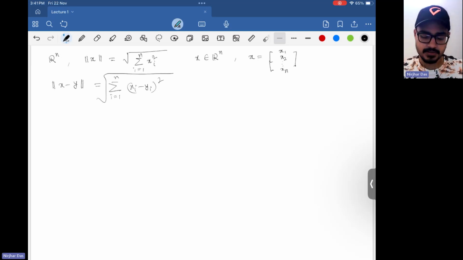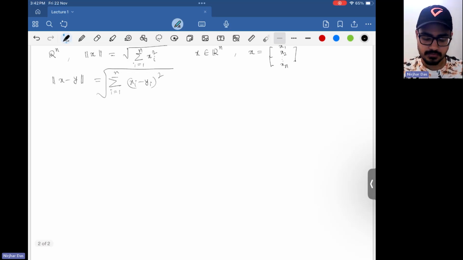You can see that this is actually a metric in the Euclidean space because it's zero between the same points, it's symmetric, and it satisfies the triangle inequality. We'll not go into that proof, but this is the metric corresponding to the Euclidean norm, and throughout our discussion, we will extensively use these definitions.